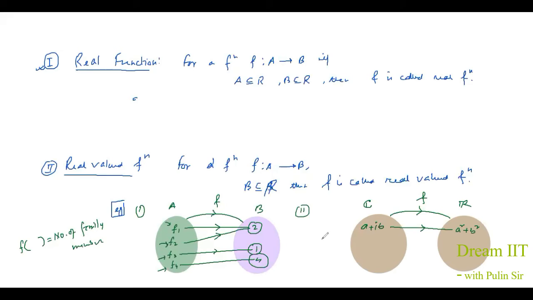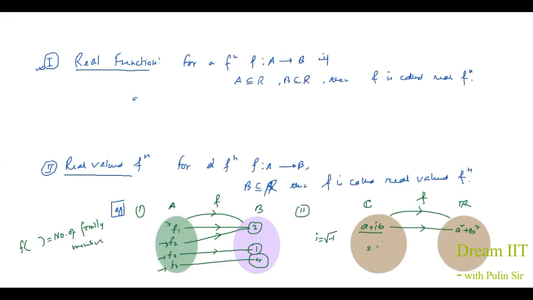Now you can easily see, a plus ib. This i is a special quantity. I think you have already started a little about this because you are preparing for Olympiad. So i is root over minus 1, that is the imaginary quantity. So when I consider any number like this, I want to relate it with a square plus b square. This a and b are real numbers, so overall, this number will be a real number.